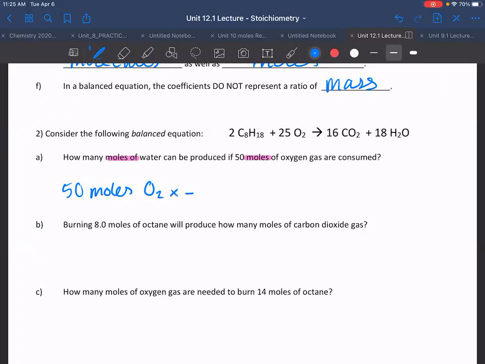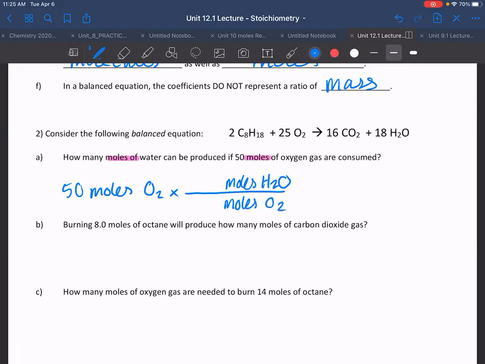Then we multiply by our conversion fraction. And so if we are trying to figure out moles of water, that's our target, and target goes on top of the fraction. Moles of H2O. We also want to cancel out O2, so moles of O2 will be on the bottom.